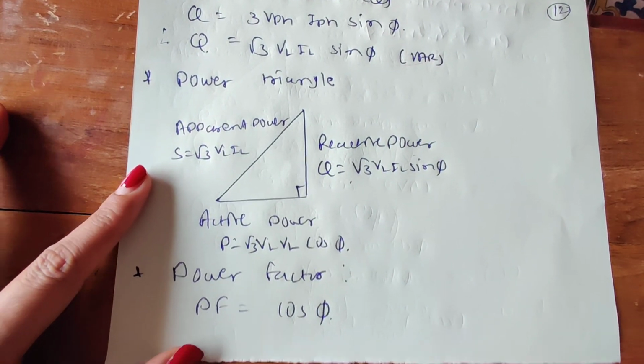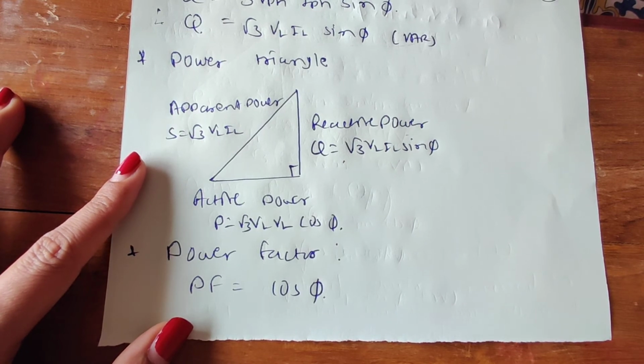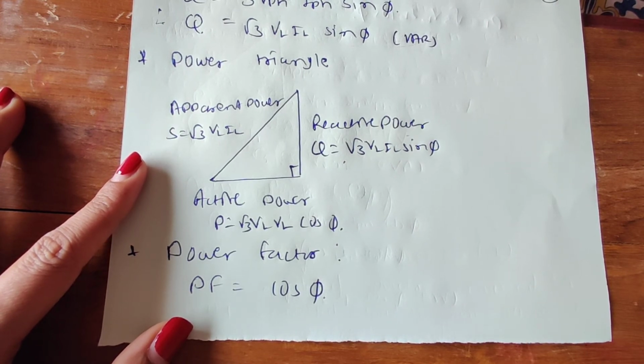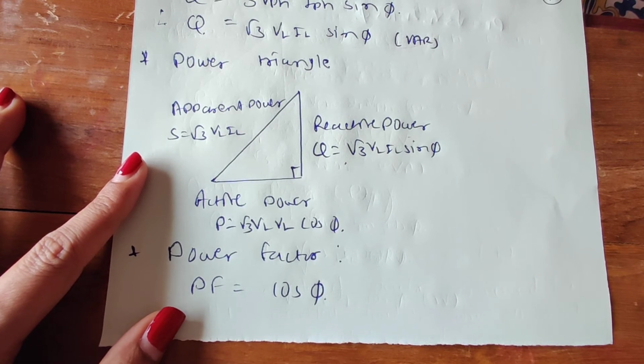Now the power factor. The load power factor for the 3-phase balanced delta load is equal to the power factor of each phase in the load. So the overall power factor is equal to cos phi, where phi is the angle between the phase voltage and the phase current.